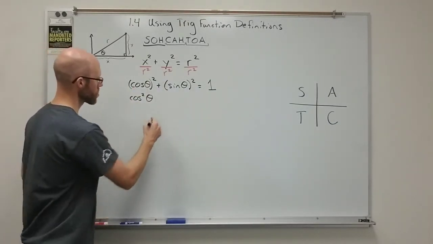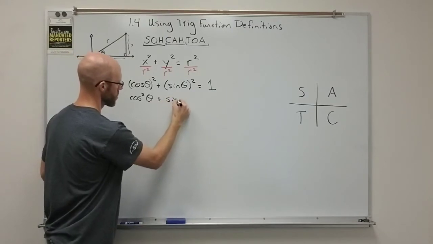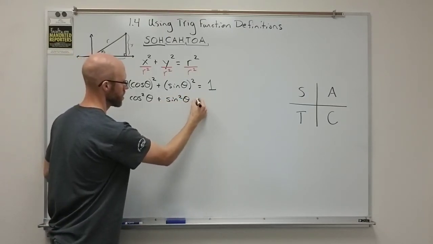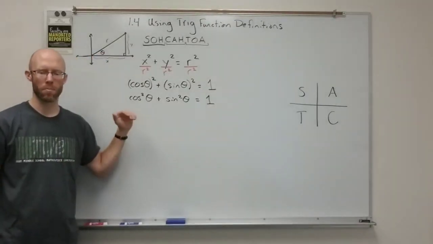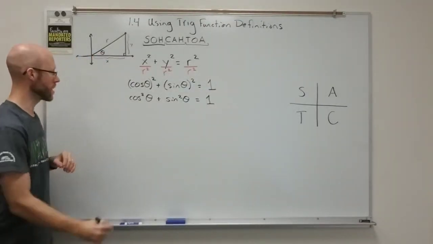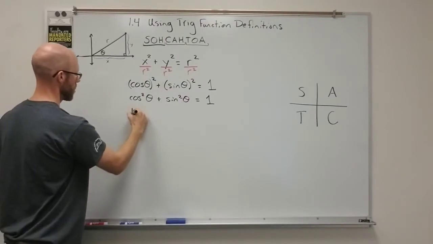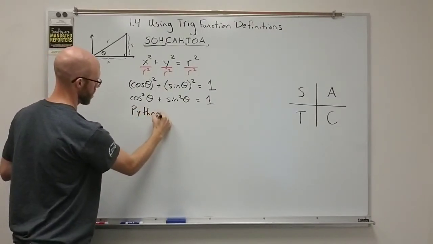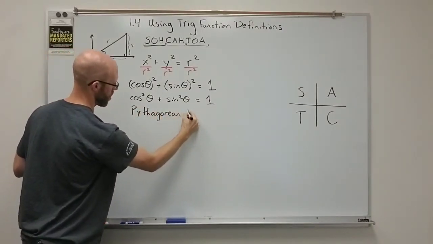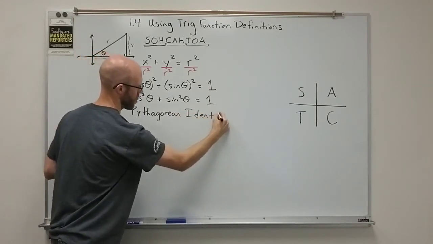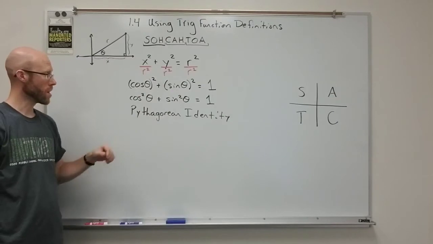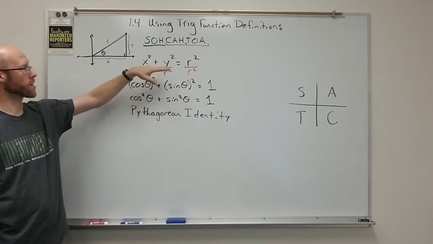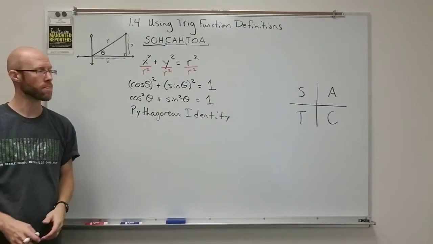So we say the cosine squared plus the sine squared is equal to 1. This is what we call the Pythagorean identity, and it is true for any angle. It's called the Pythagorean identity because it comes from the Pythagorean theorem.